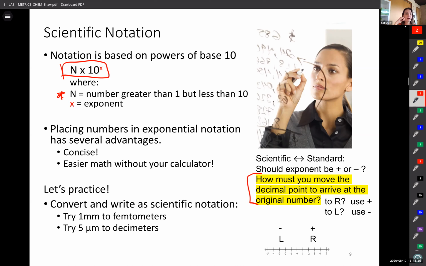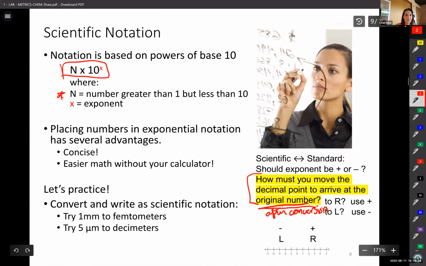And this is generally what I do to double check. I ask myself, how do I have to move that decimal point to arrive at my original number? And key here is not the original number being what you had before the conversion, but what you had written for the standard notation after conversion, right? The original number after conversion, if what you're doing is converting.